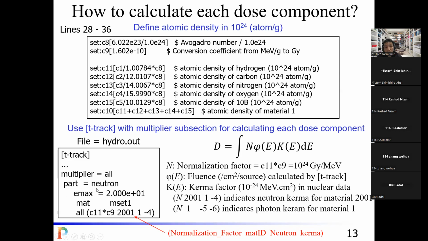And calculate the neutron fluence in the materials, and multiply with the kerma factor of certain materials, such as hydrogen, nitrogen, boron. Then we can get each dose component.